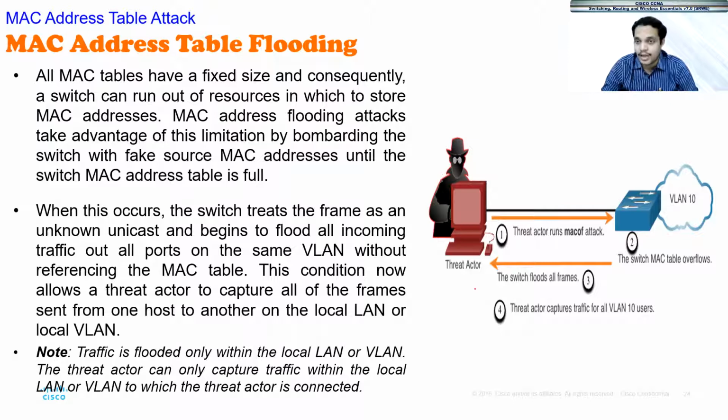The threat actor is now in a position to capture the traffic that is actually meant for VLAN 10. This condition allows a threat actor to capture all of the frames sent from one host to another on the local LAN or even the local VLAN. Usually, a switch forwards traffic only on a particular port based on the MAC table. But if the MAC table is full, the switch doesn't know what to do and has nowhere to go.